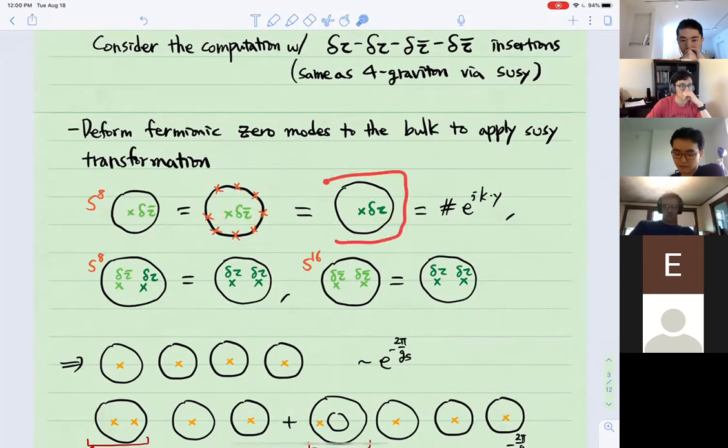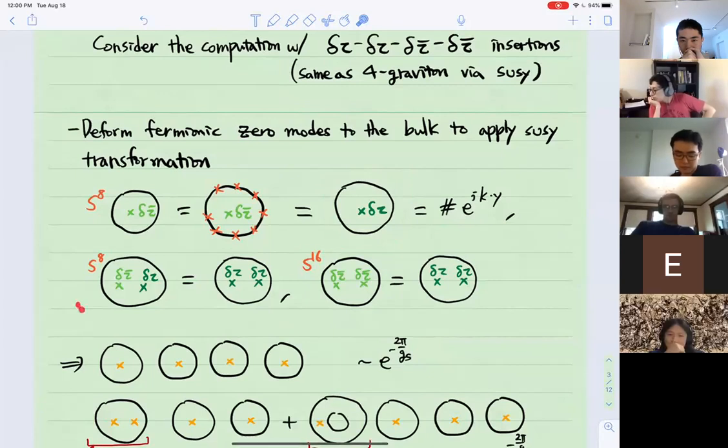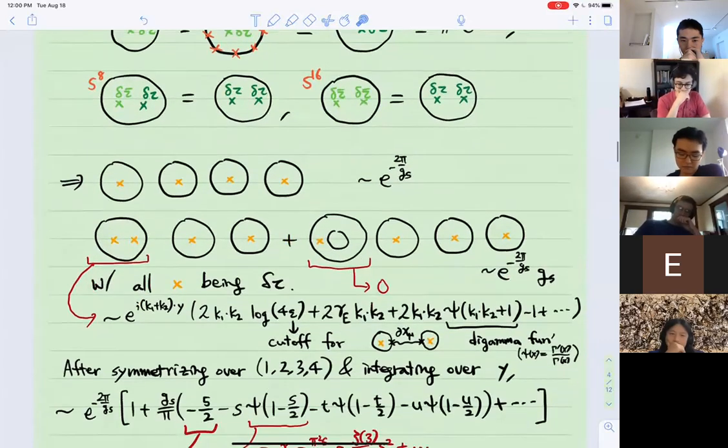And this diagram is literally some number times this e to the iky. And you can play a similar game for the other diagrams. Okay. So the upshot is that even though you might think that there are many ways to distribute these 16 supercharges, in the end, they all reduce to just diagrams without supercharges, but all the closed strings being delta. Okay. So this again was the leading one computed by Green and Gutperle.